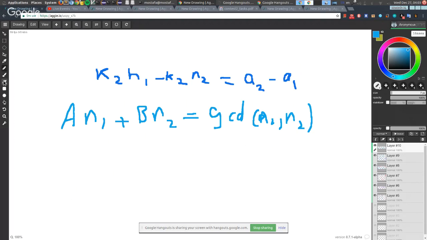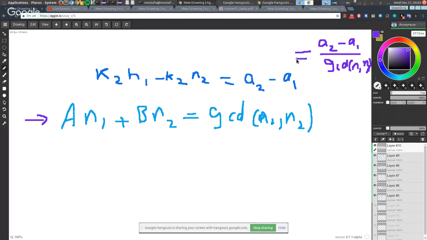Assuming we use Bezout's identity to get this, we multiply this by this value, a2 minus a1 over the GCD.